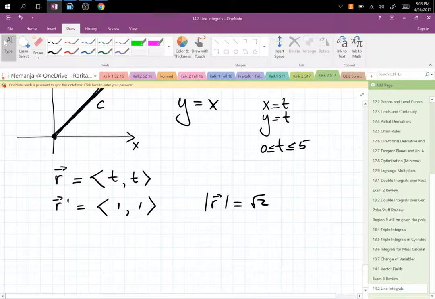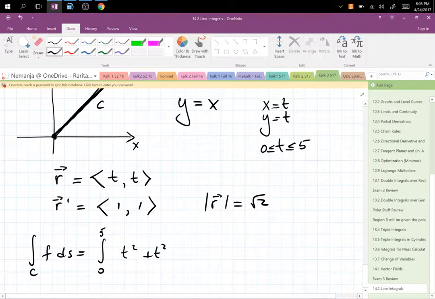So now we plug everything into our line integral from 0 to 5. I was integrating x squared plus y squared, I think. Yes. So x squared plus y squared would be t squared plus t squared times root 2, and then we have dt.